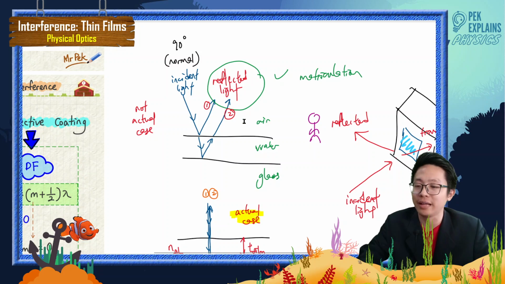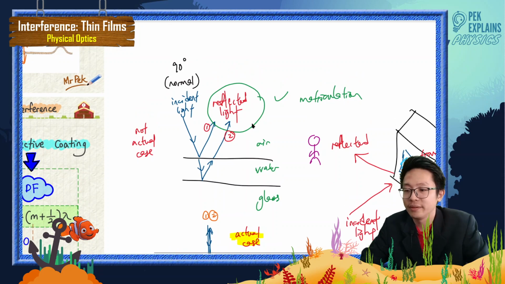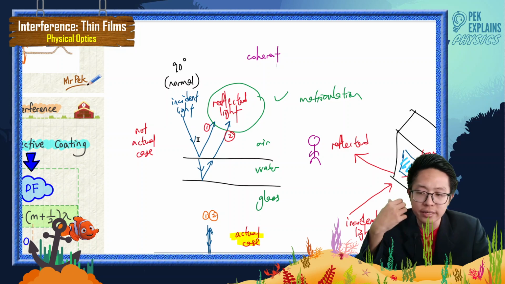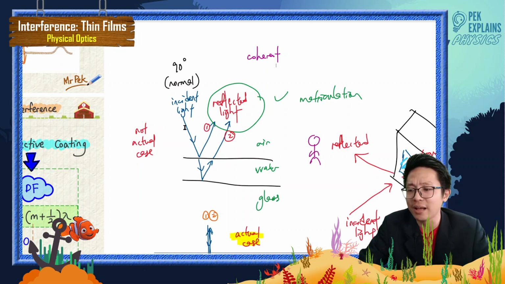So are they coherent sources? Are these 2 lights coherent? Can I say that they have the same wavelength? Of course, they actually come from the same light.